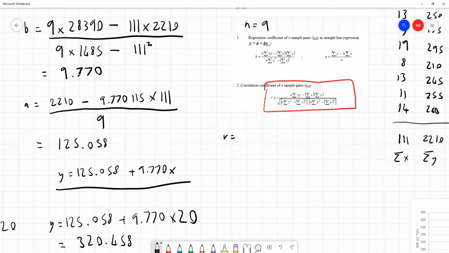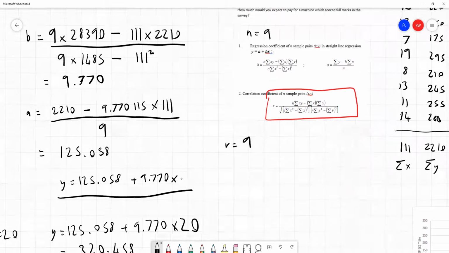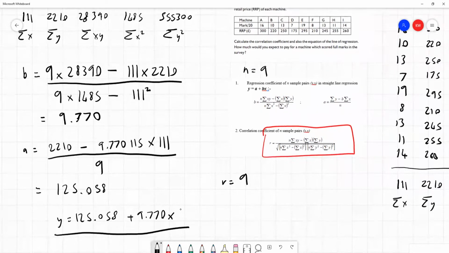Well, let's fill it all in. So we have n is 9, the sum of xy is 28390, minus the sum of x, 111, times 2210, and careful with the bottom bit.